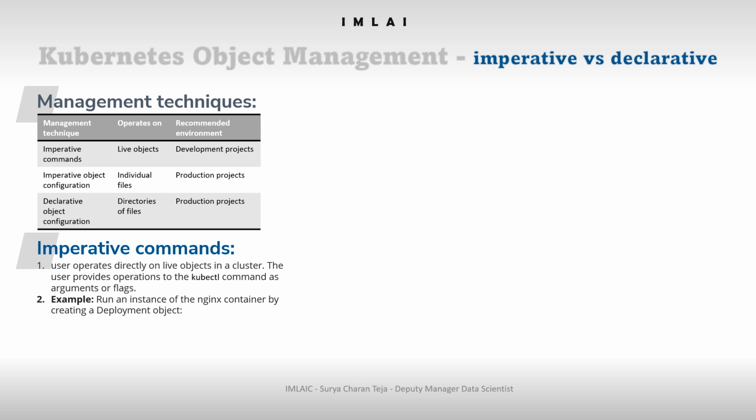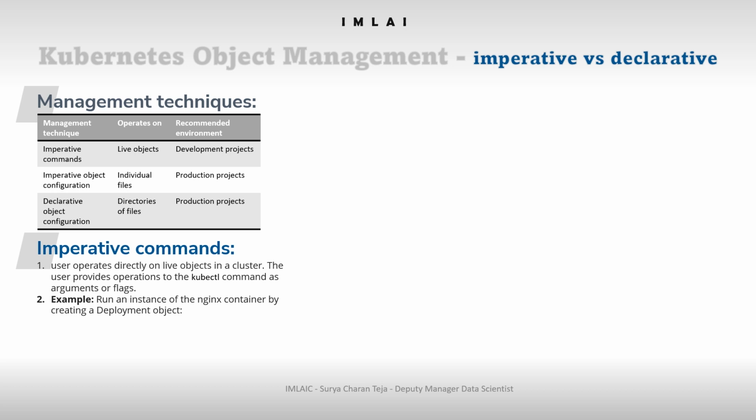There are different types of objects available in Kubernetes. A pod is one object, deployment is one object, service is one object, secret is one object, config map is one object, job is one object.